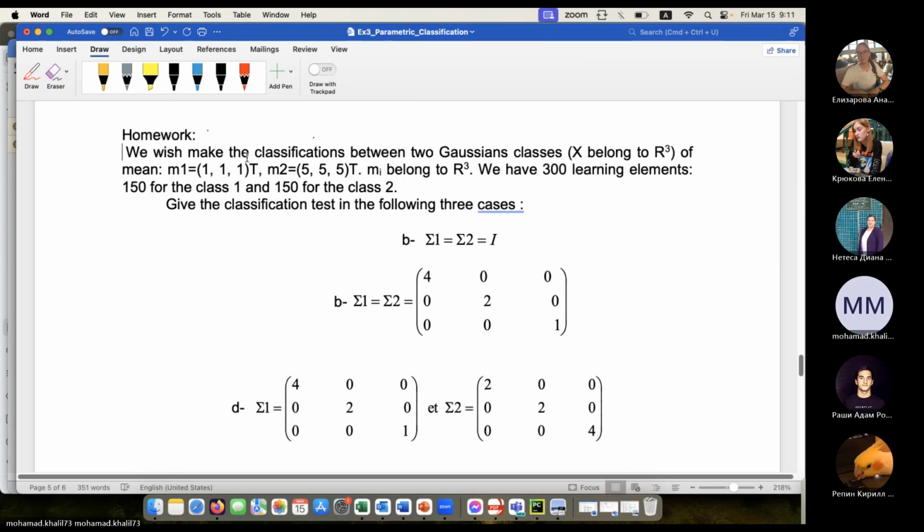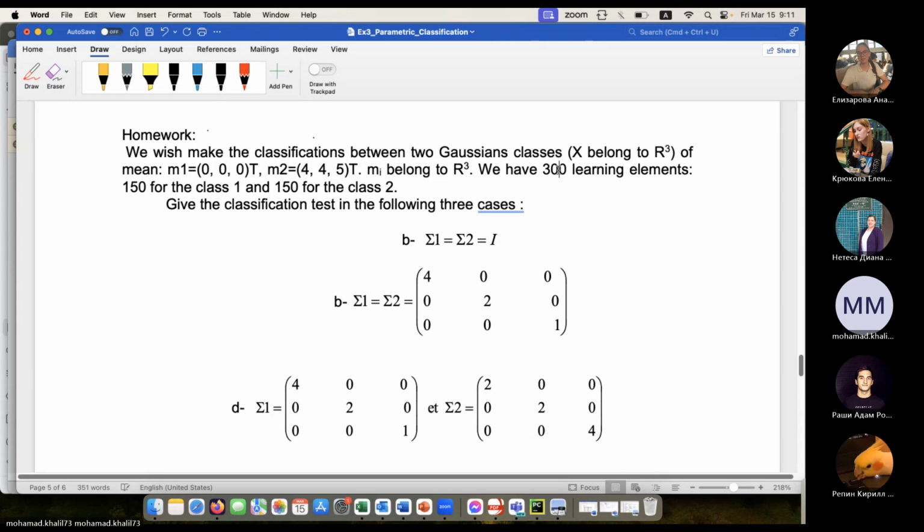Please imagine that the mean is around (0,0,0) and (4,4,4) in R3.